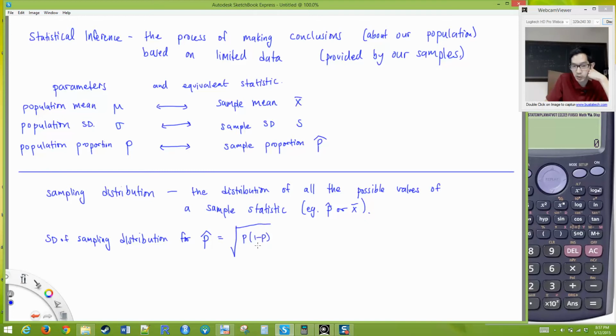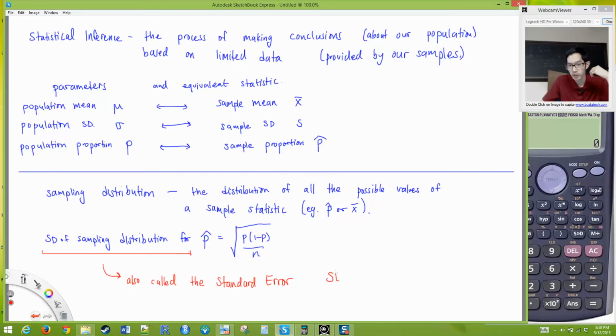This thing right here, the standard deviation of the sampling distribution, is also called the standard error, abbreviated SE.